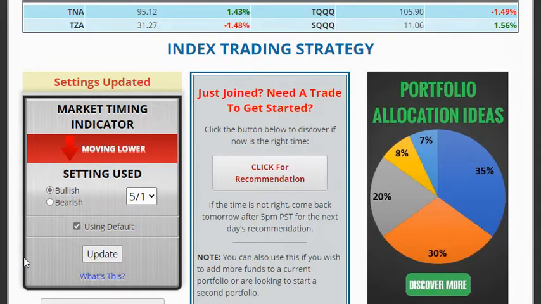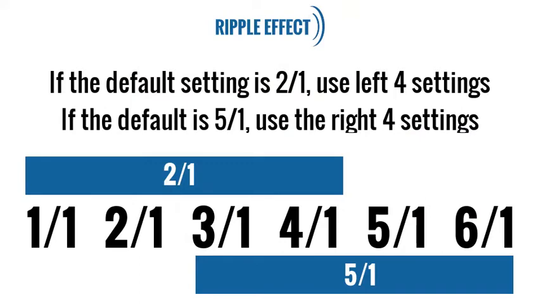So being that it's 5-1, that means the market is favoring longer moves. So we're going to use the settings that monitor the longer moves, which would be the 3-1, 4-1, 5-1, and 6-1. So out of the 6 settings that have a 1 volatility, we're going to use the 4 on the right-hand side, the 4 that monitor the biggest.